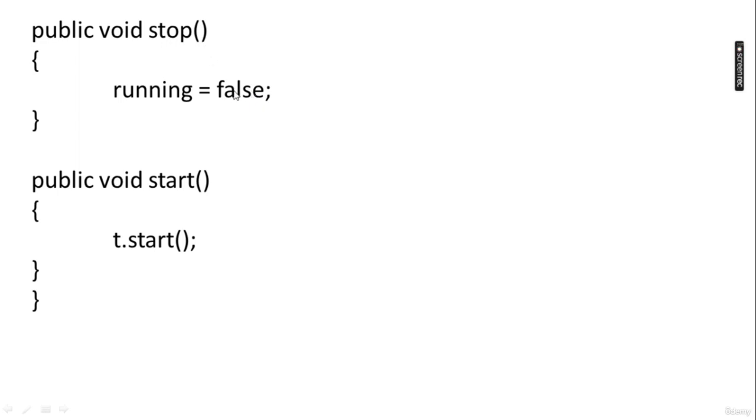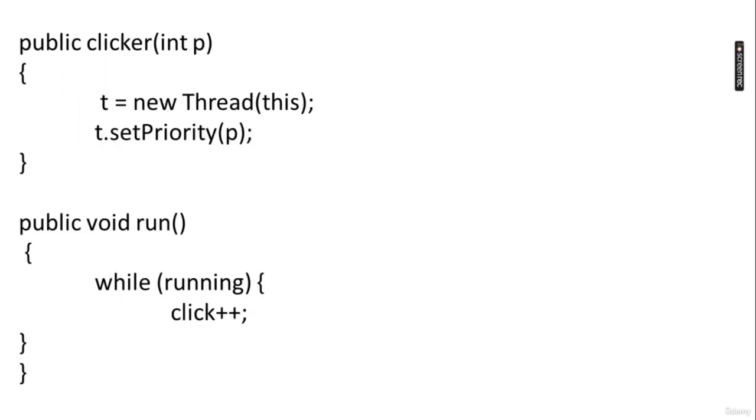After stop is called, low will be stopped first, so low's value will be low, and then the high value will be high because it has higher priority, and it is stopped afterwards. Unless and until the value of running is true, it will increment the click value.